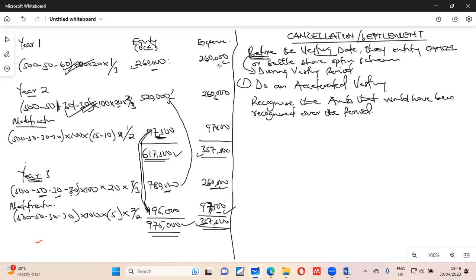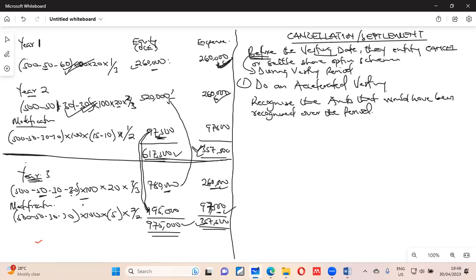So you see, this amount, like this one, this is the amount that would have been recognized. If they cancel this thing over here, then we will recognize these amounts immediately. We will assume that everything has been vested, including, okay, this one is at the vesting date, so that one would have been a right.